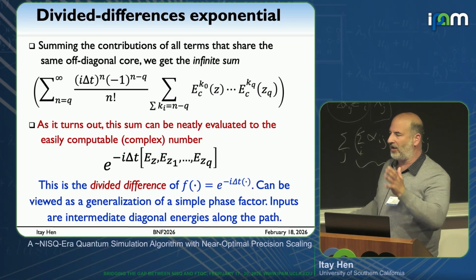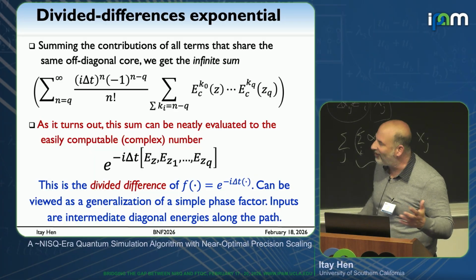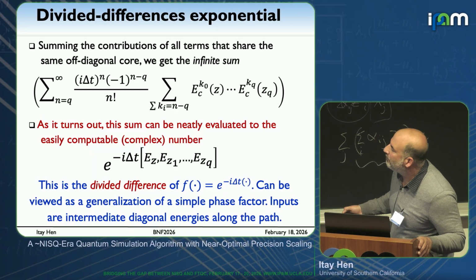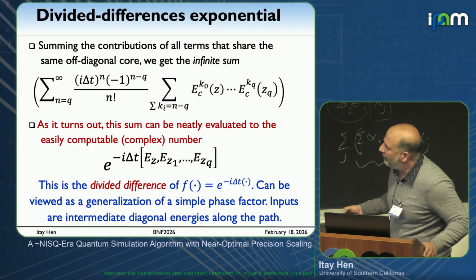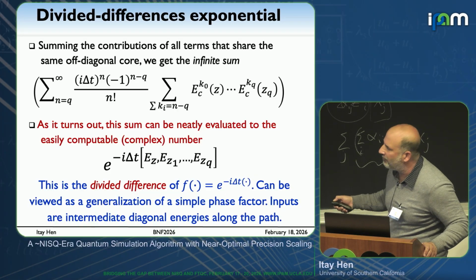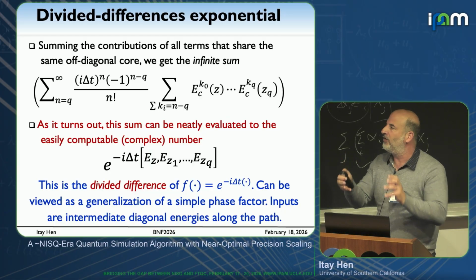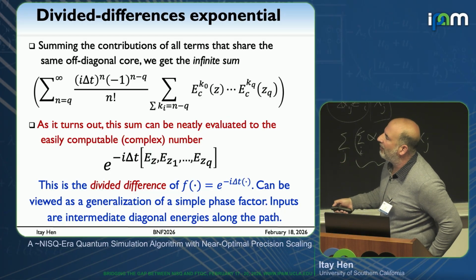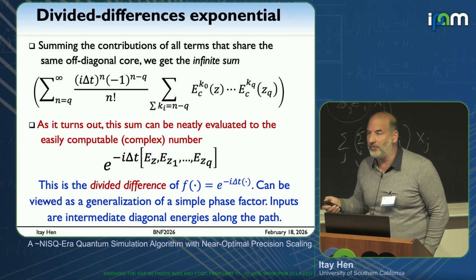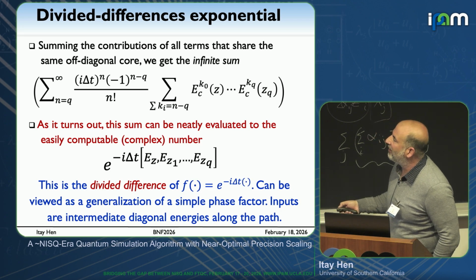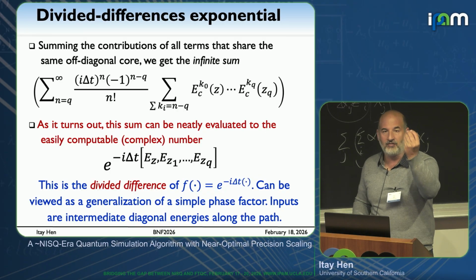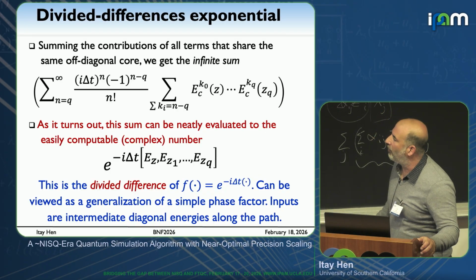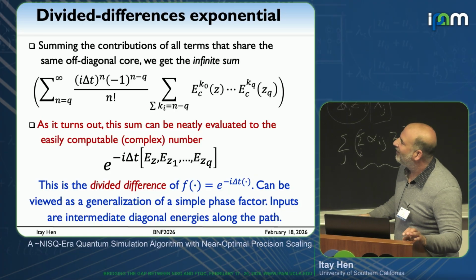I want to spend 2 minutes to talk about it, but the most important thing I want you to know is that we can write this entire sum in a very compact form, and it's very efficiently calculable. That's the most important thing. It just means that I can take many, many terms and calculate a single constant for all of them in one fell swoop.